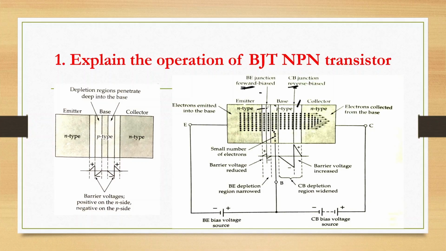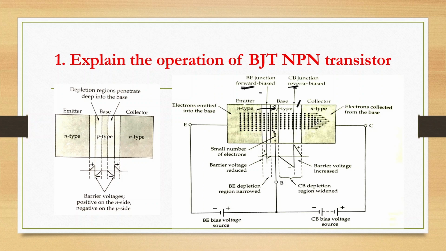This is with respect to forward bias. Then the electrons are emitted into the base region, hence it is called the emitter region.